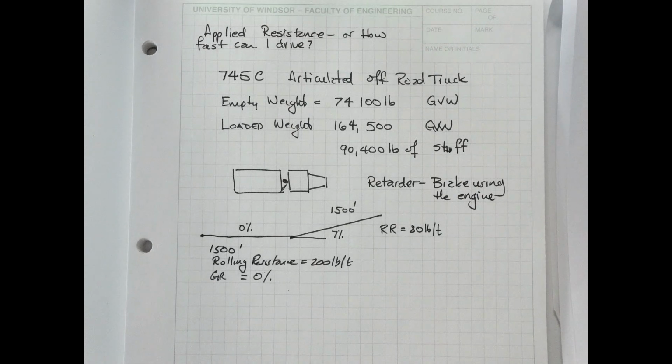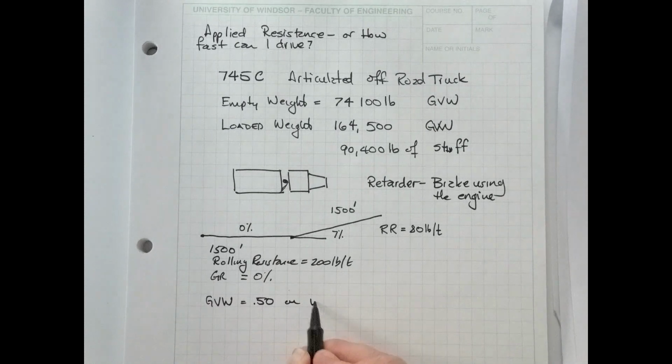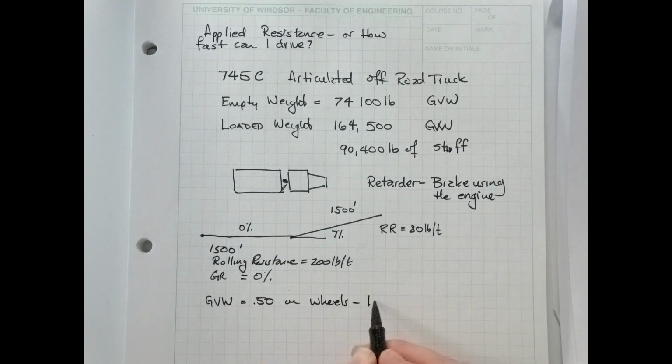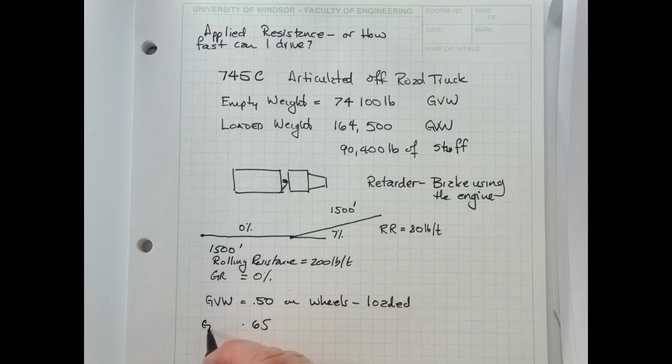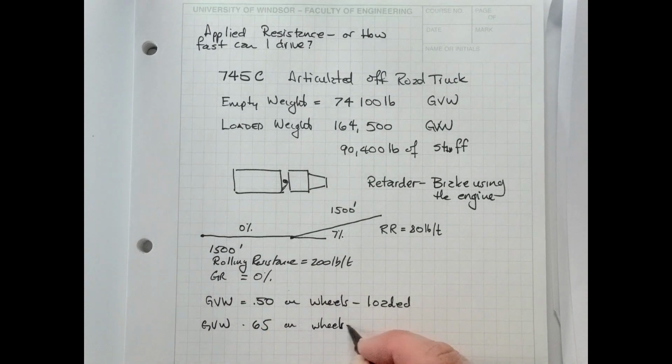For this particular vehicle, it has 50% of the weight on the driving wheels when loaded, and it has 65% of gross vehicle weight on the driving wheels when empty.